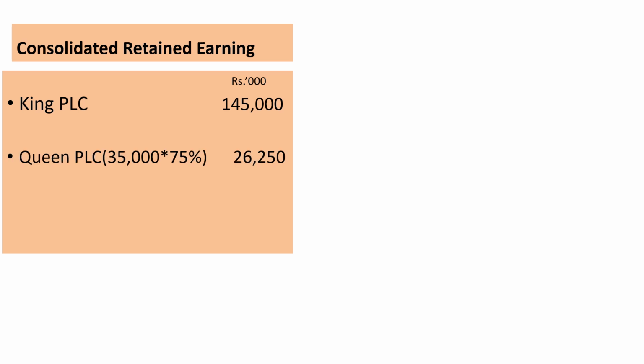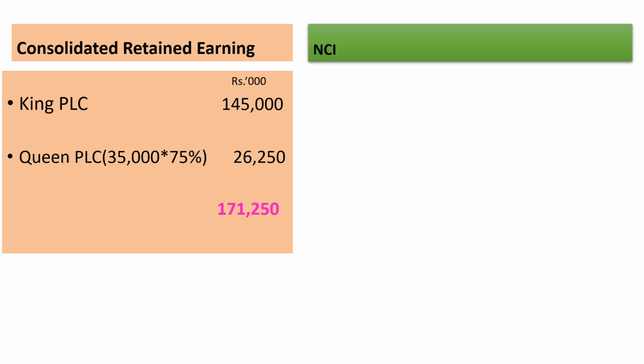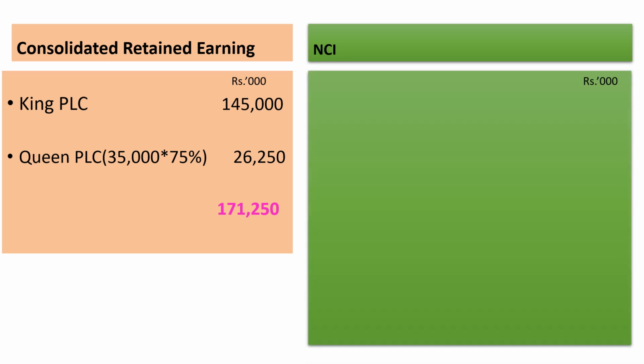Therefore, we take Queen PLC's post-acquisition reserves of 35,000 and the ownership holding of 75%. So we are getting 26,250. Altogether, the consolidated retained earnings will be 171,250.